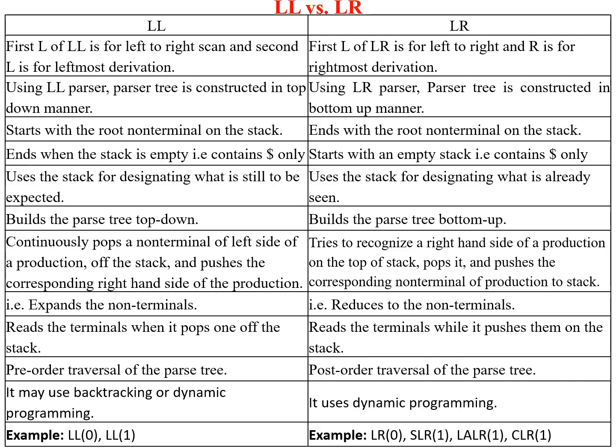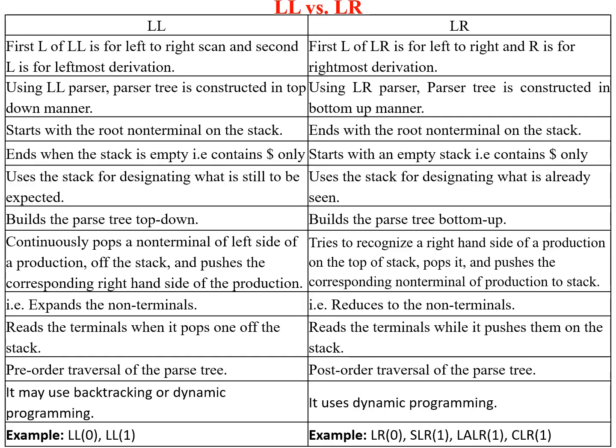In LR parsers, we are removing the right side and placing the left side, whereas in LL, we are removing the left side of the production and pushing the right side. Okay, that is the difference. In LL, left is replaced by right. In LR, right is replaced by left.